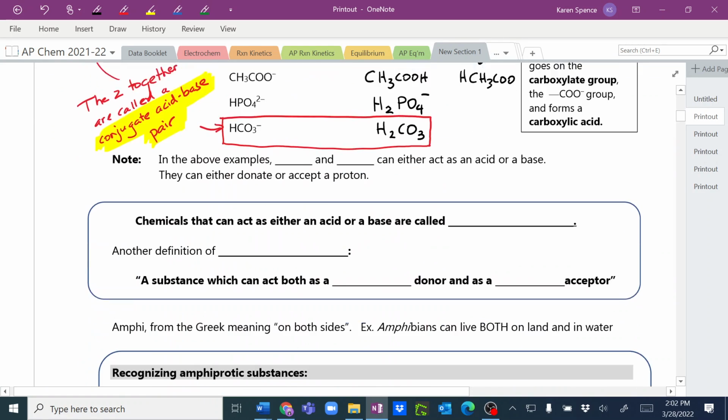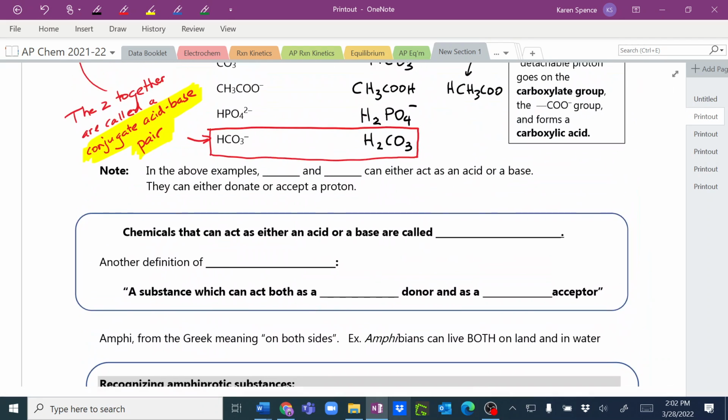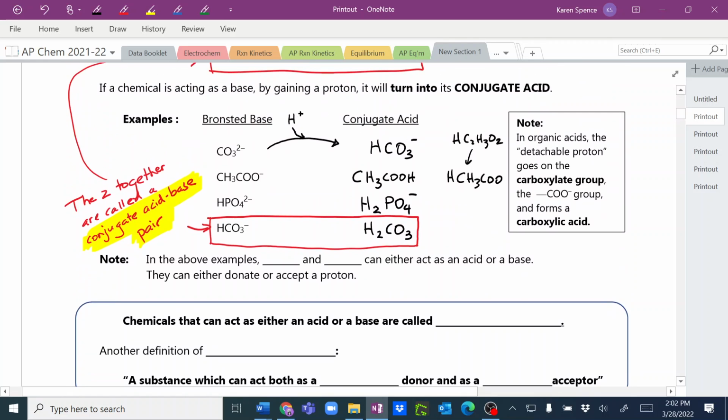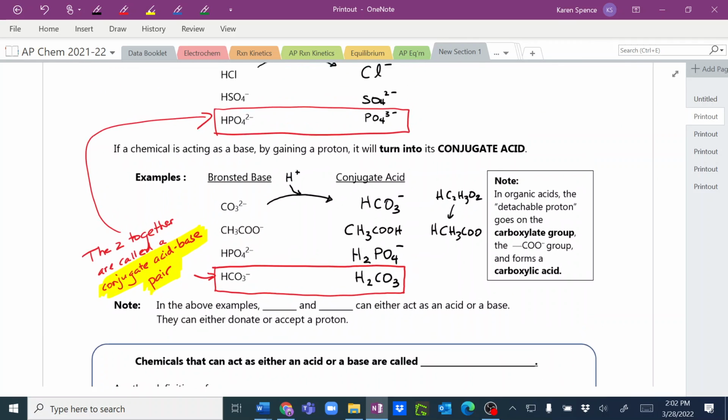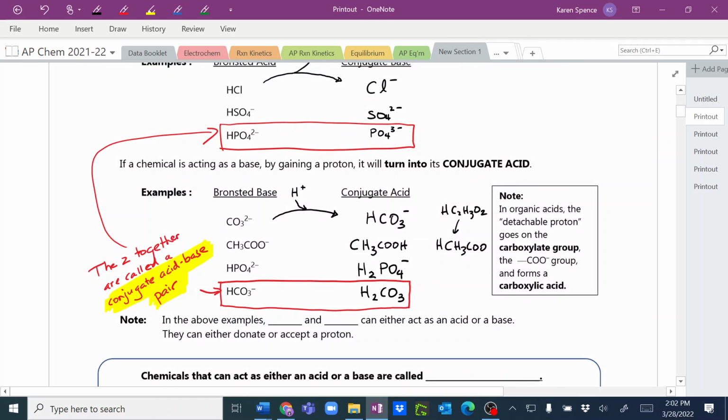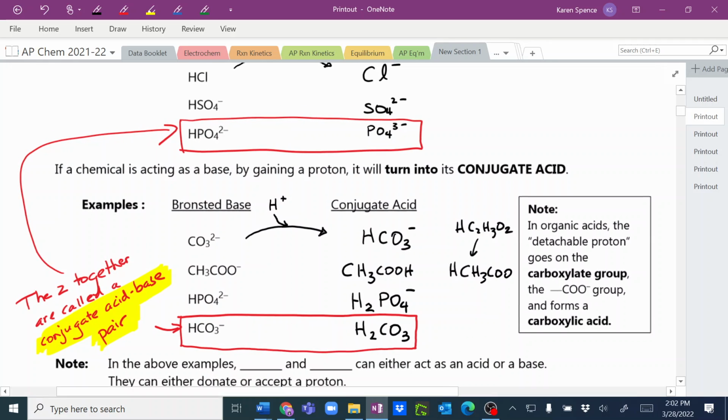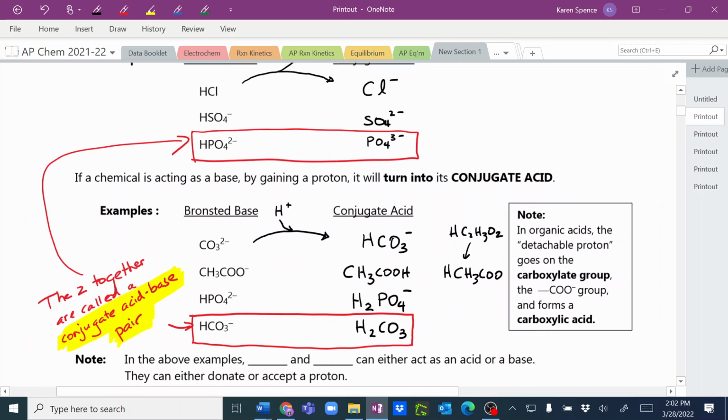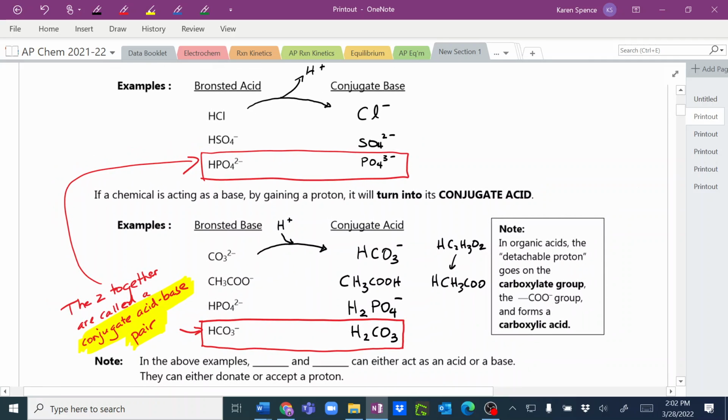Nobody's saying no, okay. So in the examples above, can you see any substances which could act as both acids and bases? Like if we look, is there anything that appears in an acid column that also appears in a base column? Yeah, we have HPO4, right?